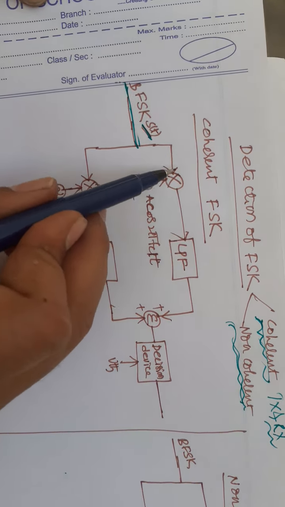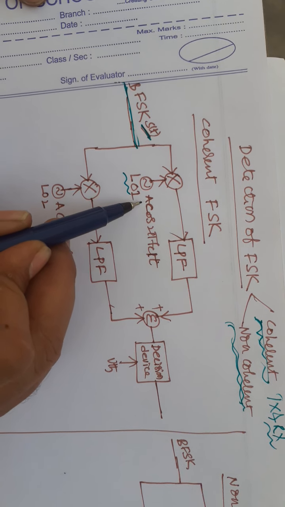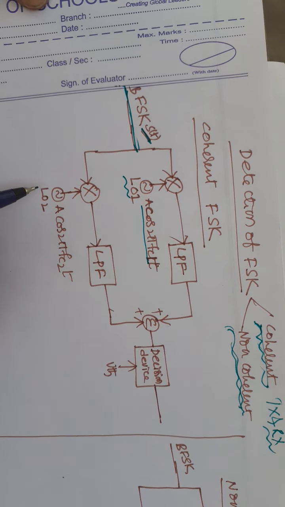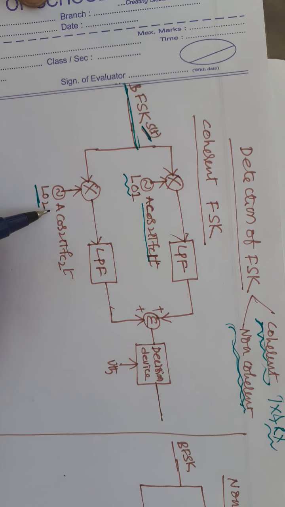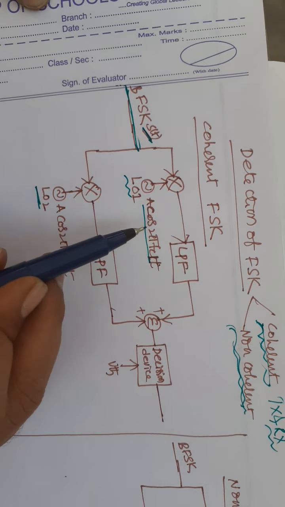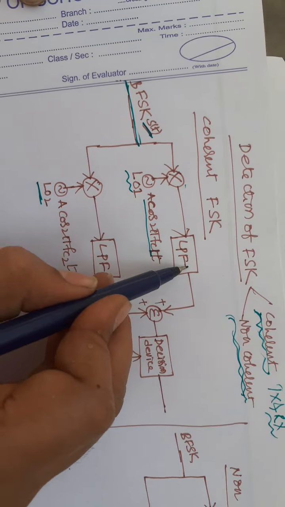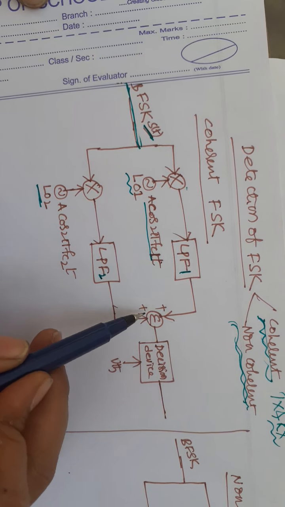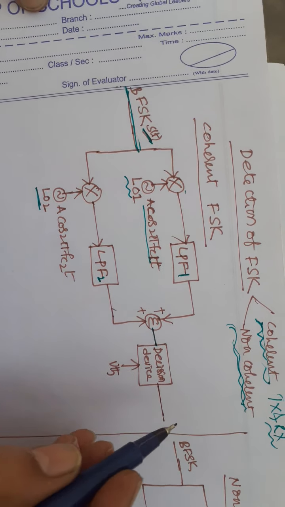The first product detector is multiplied with local oscillator 1, that is A cos 2 pi fc1 t. The second product detector is multiplied with another local oscillator, that is A cos 2 pi fc2 t. And the outputs of these two product detectors are passed through low pass filter 1 and low pass filter 2. The output of the two low pass filters is given to a summer, and the output of the summer is given to a decision device.